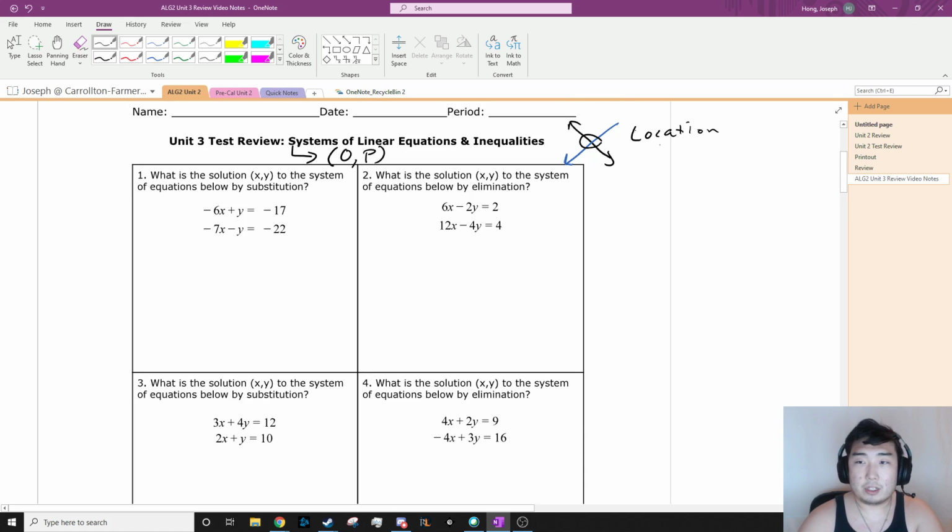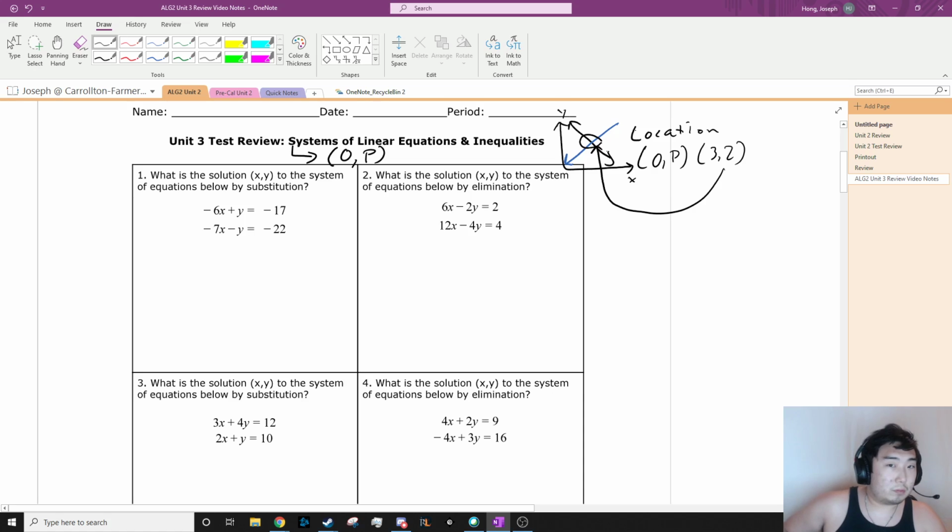That location is an ordered pair, for example (3, 2). If this is a graph, this is X, this is Y, and this point right here would be (3, 2).